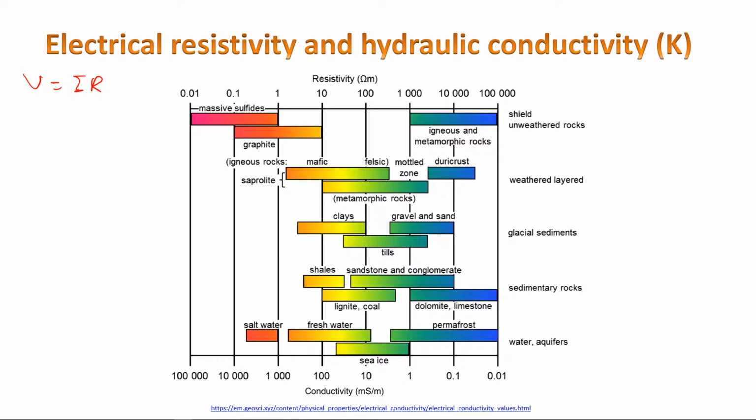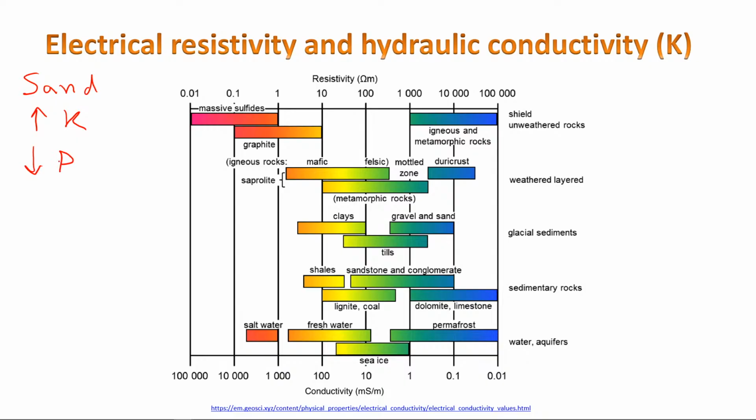So, for example, sand and gravel have high hydraulic conductivity. That could be confusing to some students, because sand and gravel have high hydraulic conductivity, but they have low electrical resistivity.